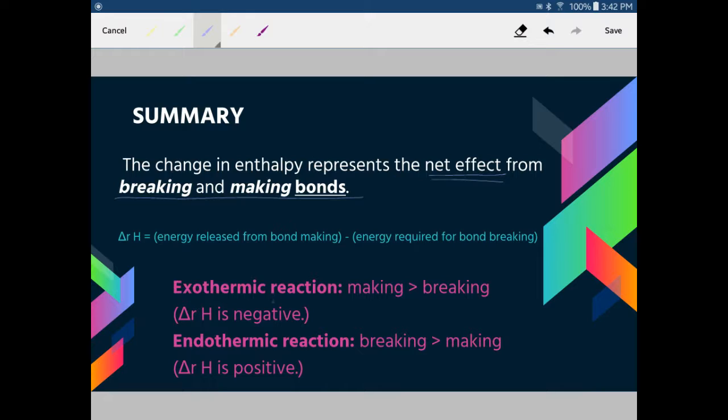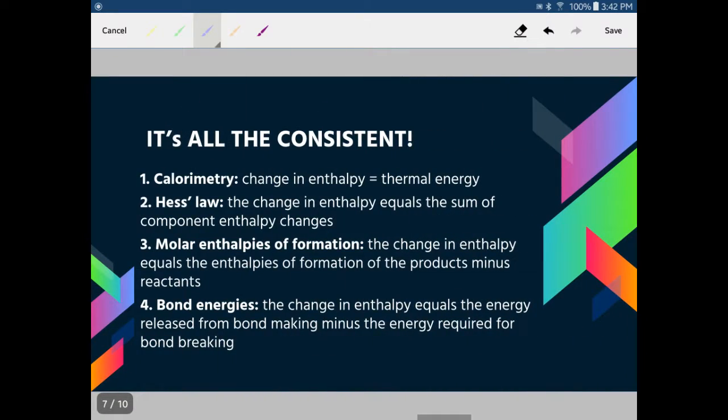In an exothermic reaction, making exceeds breaking, and your delta H, or your change in enthalpy, is negative. In an endothermic reaction, your breaking exceeds making, therefore you have a positive change in enthalpy. This is consistent with what we've seen so far. All of these pieces that we've looked at so far are supporting ideas.